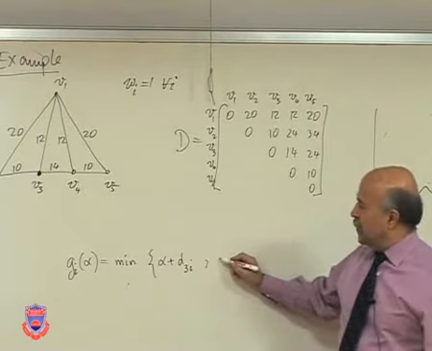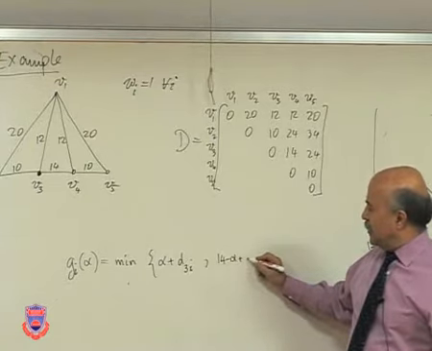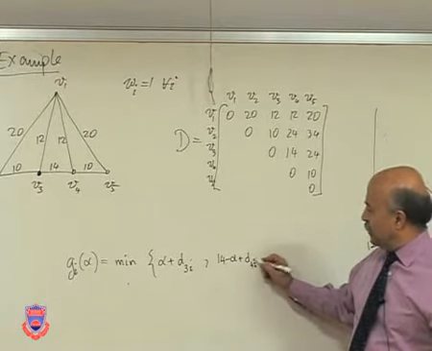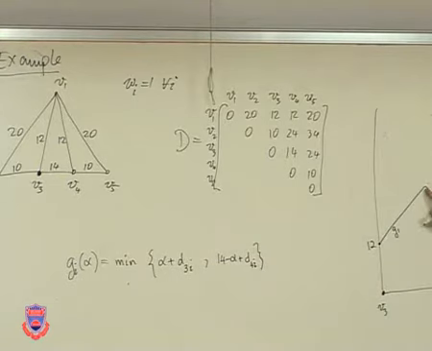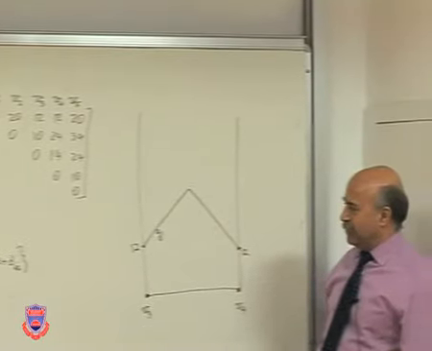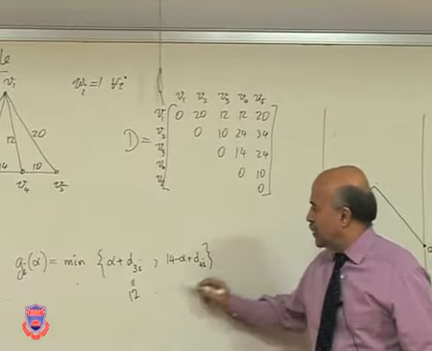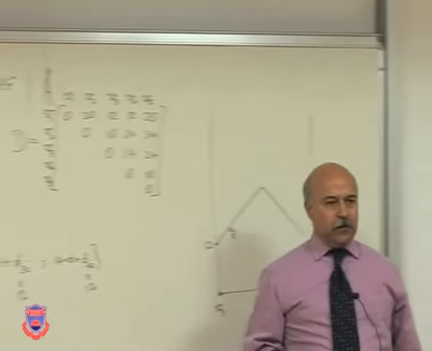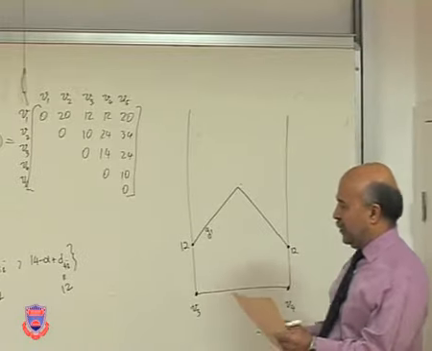The other one is 14 minus alpha plus the distance from 4 to i. At alpha equals 7, this is where the minimum changes from one to the other. Because this one is 12 in our case, this one is also 12, so that the switch occurs at 7. All right, that's my G1.